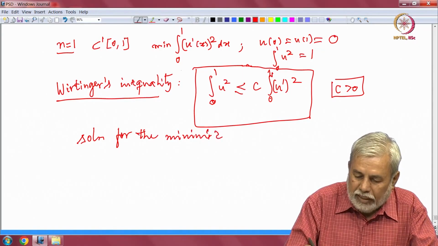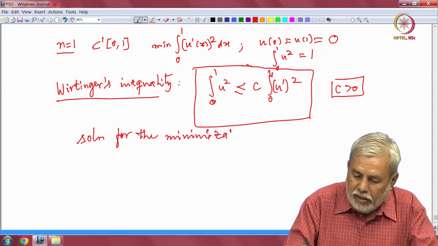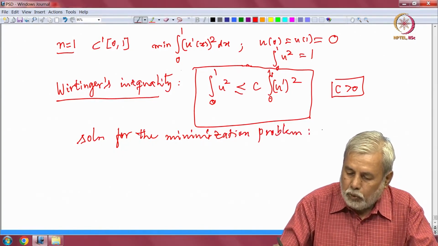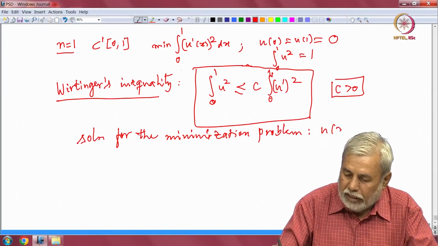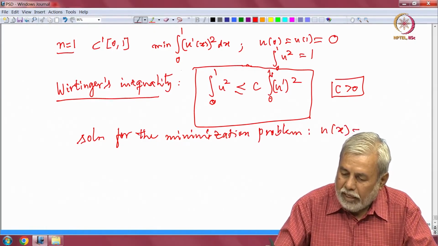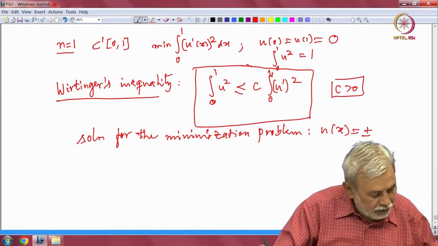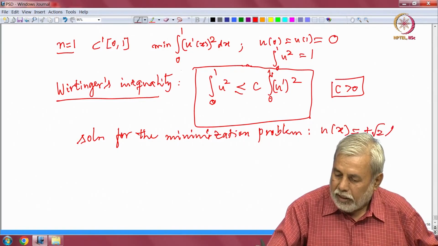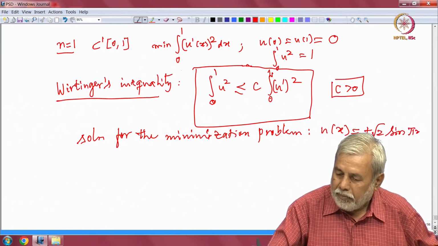So, I am going to write the minimizer itself. There are two solutions, they differ only in sign. So, let me just write that: root 2 sine pi x, where x is in 0 1.